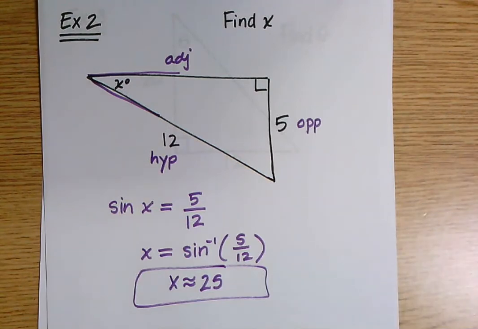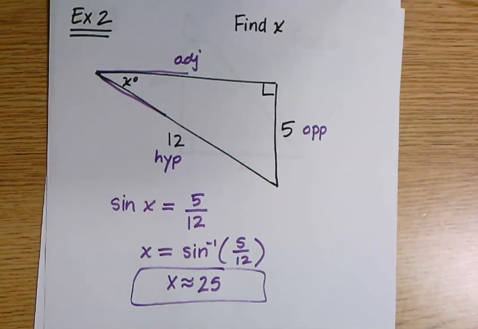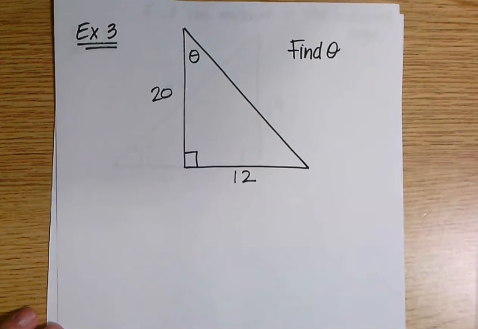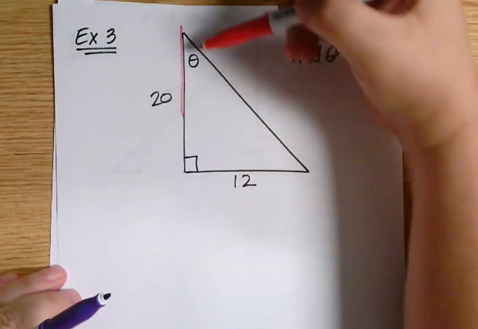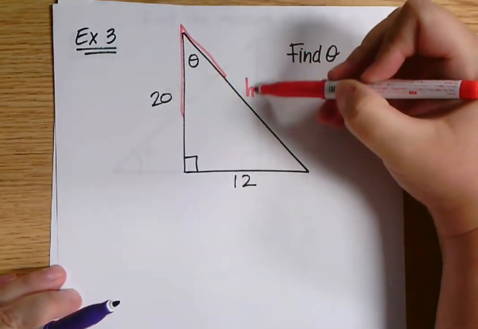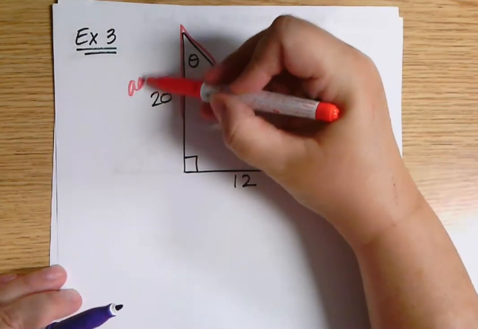All right, let's do another one. Example 3. Find theta. Okay, so again, we always start the same way, which is trying to figure out which sides we're working with. So here's the hypotenuse. So this is the adjacent.